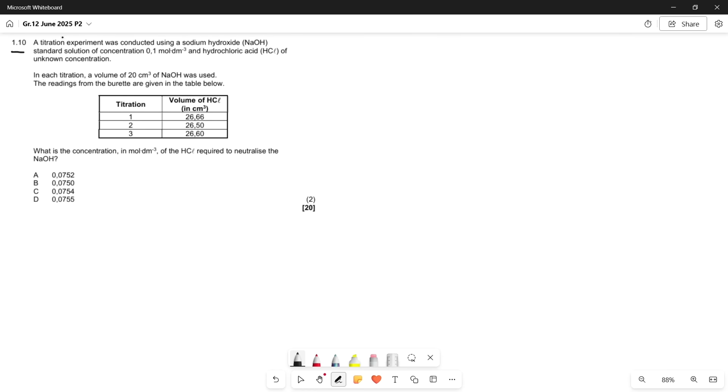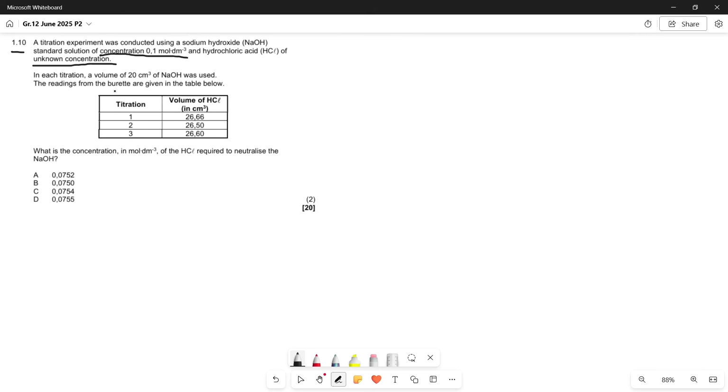So that just earned us 2 marks over there. And then last question, 1.10 over here. A titration experiment was conducted using a sodium hydroxide NaOH standard solution of concentration 0.1 mol.dm to the -3 and a hydrochloric HCl of unknown concentration. In each titration, a volume of 20 centimeters cubed of NaOH was used.